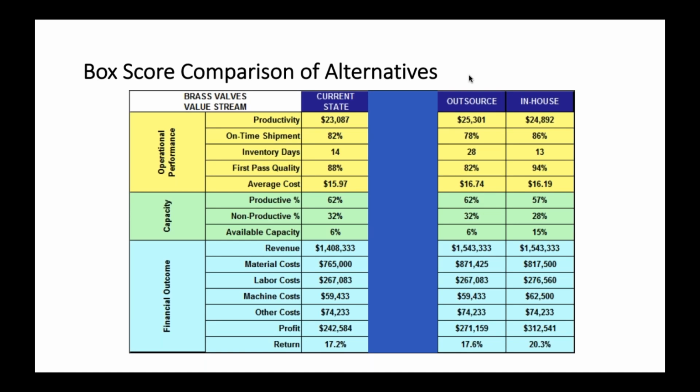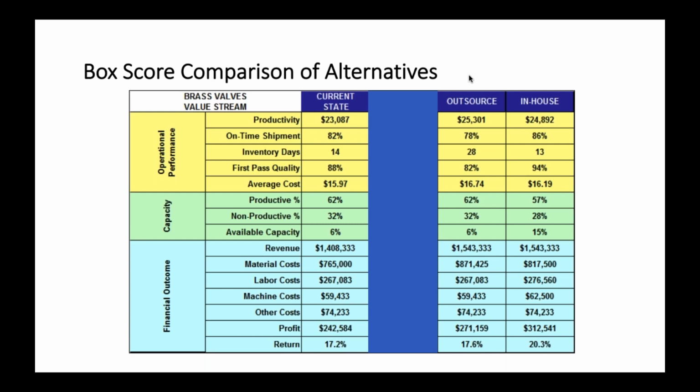If you look at the outsourced column, what's the impact on all three aspects of the box score? On-time delivery goes down, inventory days go up, and quality goes down, which is typically what happens, not all the time, but typically what happens when you outsource, because you give up control.